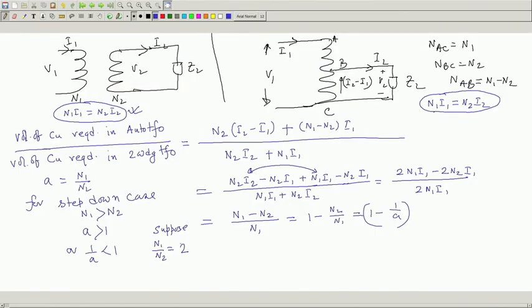Then for A equal to 2, copper required in an autotransformer will be equal to 1 minus half, 1 by A is half, into copper required in a 2 winding transformer, is it not, that is 0.5 into copper required in a 2 winding transformer.